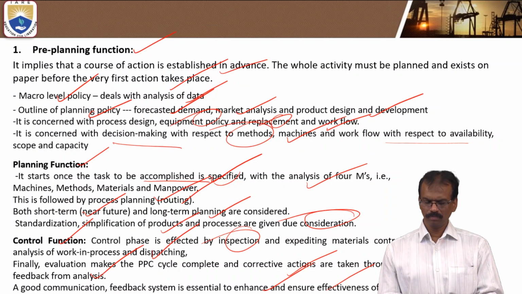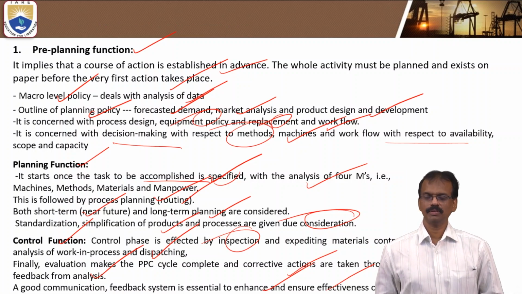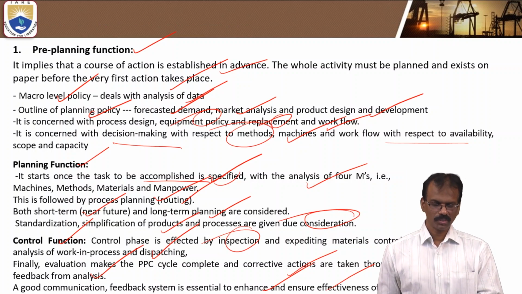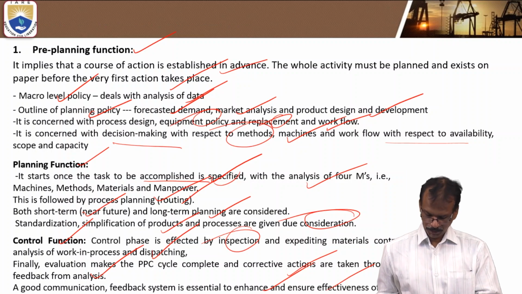In control, we have to see inspection of process and quality, inspection of the quantity of the products, and evaluation of the system. These two things are very important for the current processing and the future processing also. Okay. So these are the main functions of PPC.